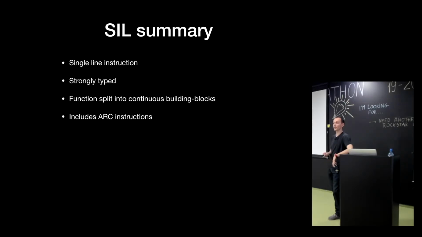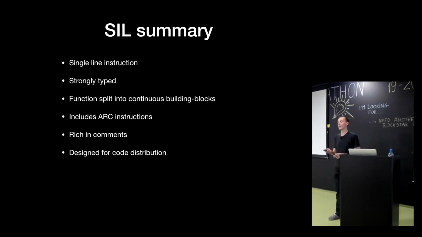Includes some ARC retain releases. Rich comments are very helpful if you want to create some tool out of it. And at the end, it should work to compile from CL. I said should because at the moment there are still bugs in the compiler, even in the trunk branch, but hopefully in the future the Swift team will address that.